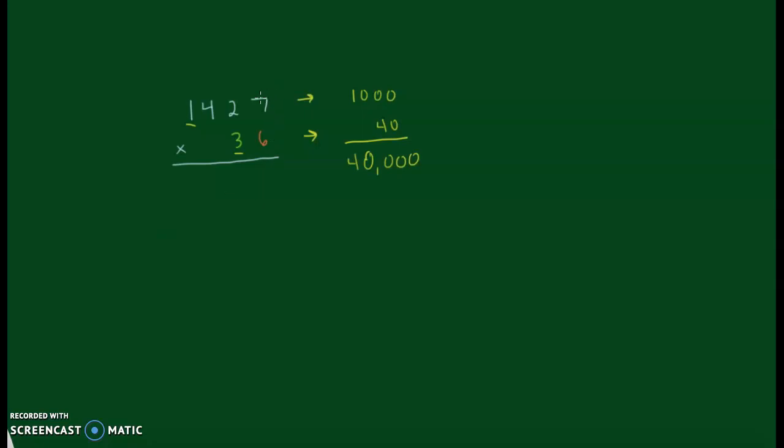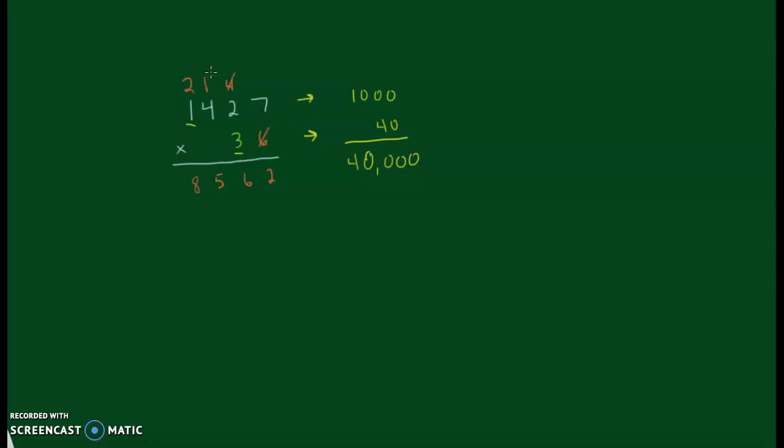So I'm going to multiply all the numbers on the top by the 6. 7 times 6 is 42. 2 times 6 is 12, plus 4 is 16. 4 times 6 is 24, plus 1 is 25. 1 times 6 is 6, plus 2 is 8.